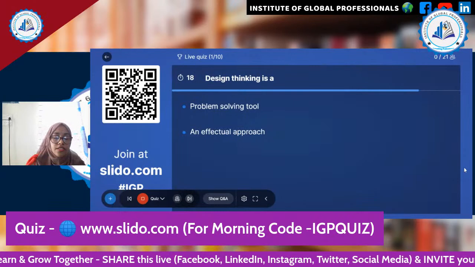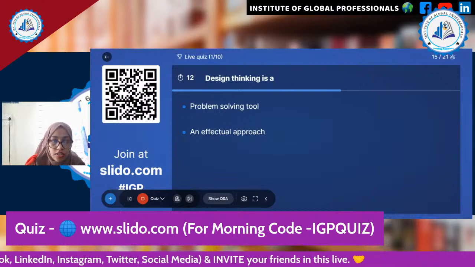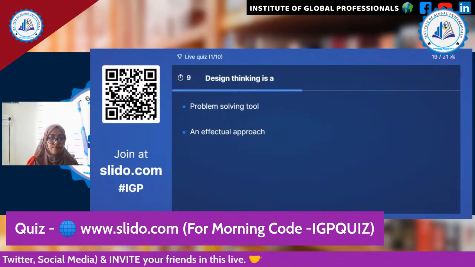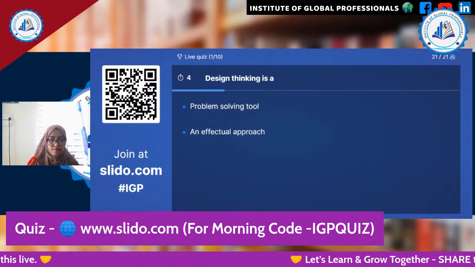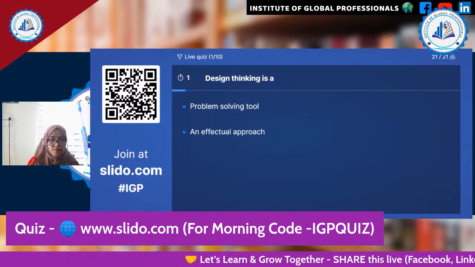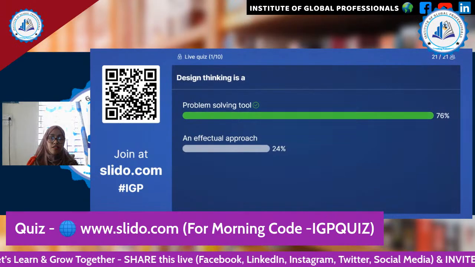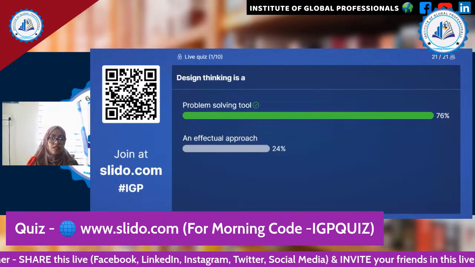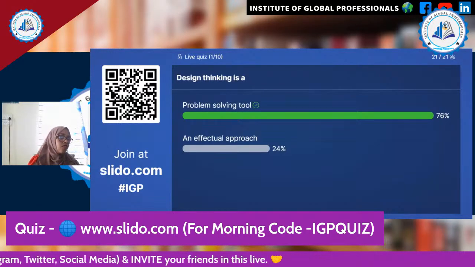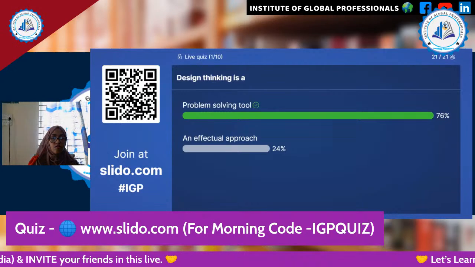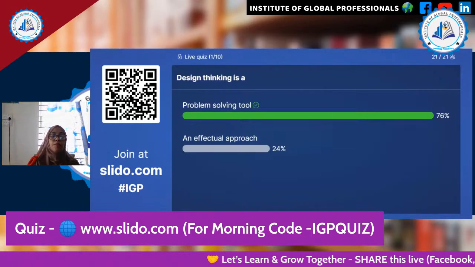Design thinking is: first option, problem solving tool; second option, an affectual approach. And the correct answer is option 1, problem solving tool.